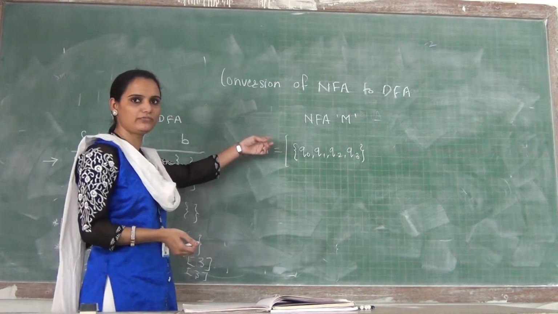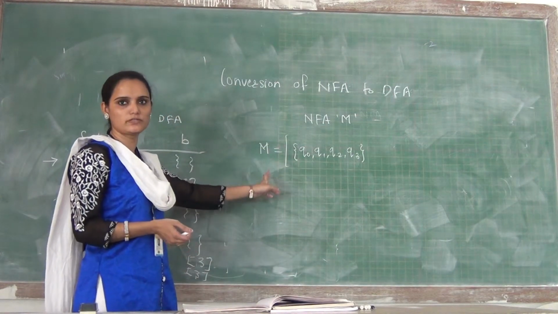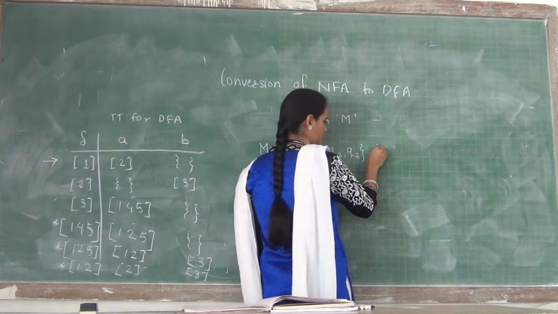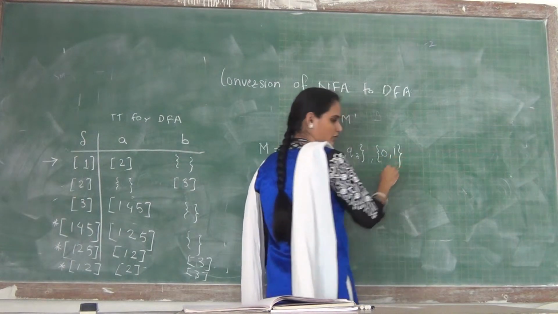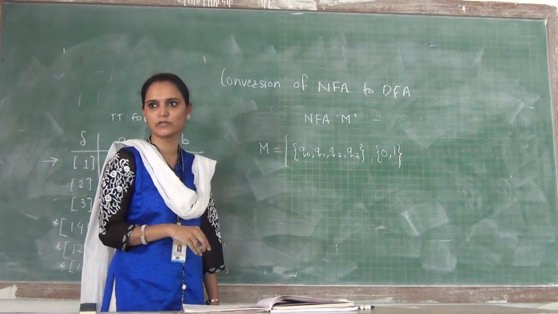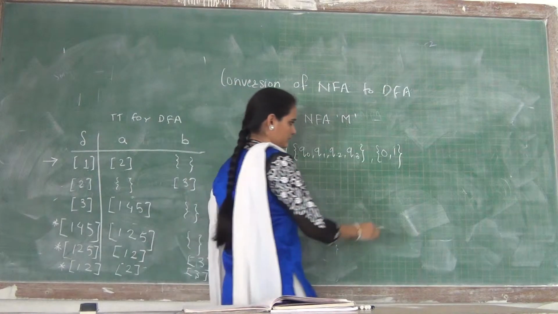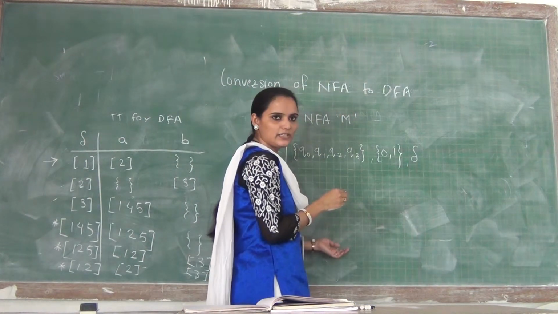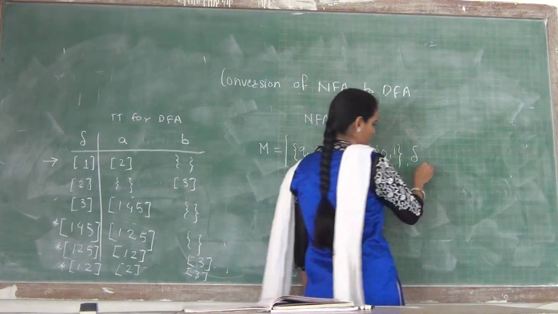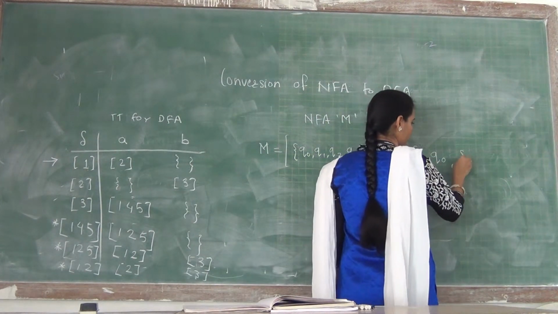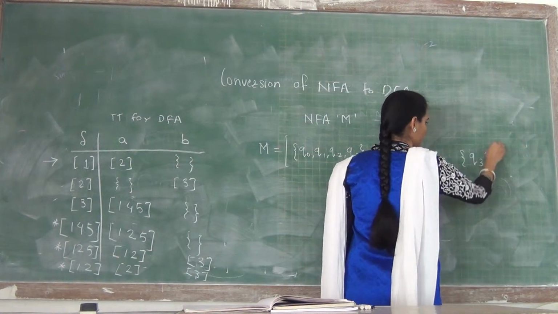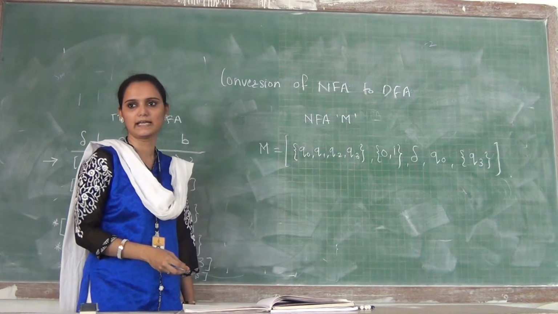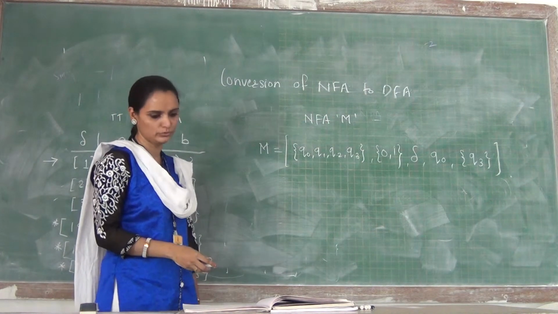In the given NFA, 4 states are present: Q0, Q1, Q2 and Q3. Then 2 input symbols are there, 0 and 1. Delta is the transition. Afterwards the transition table is given. Q0, Q3 means the initial state is Q0 and the acceptance state is Q3.